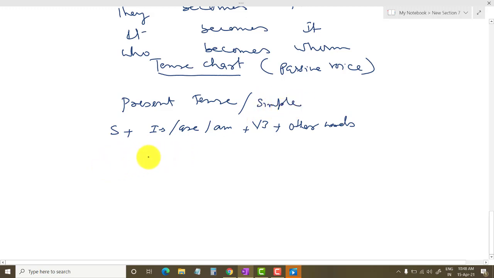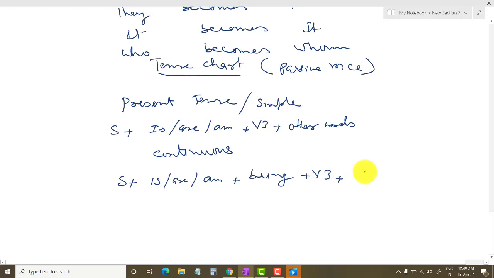In continuous, it is subject plus is, are, am plus being plus V3 plus other words.